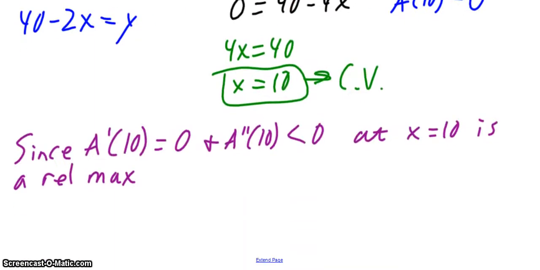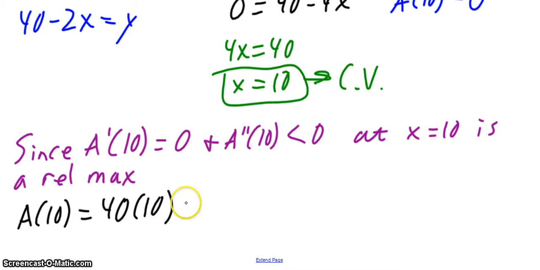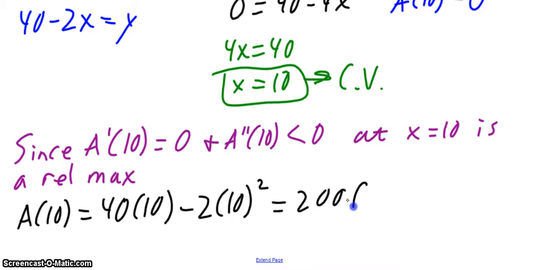A different way, we could have the same problem, but it could say what are the dimensions for the maximum area. But in this case it's saying what is the maximum area, so then I want to find what is A of 10, and I can do 40 times 10 minus 2 times 10 squared, which is 200 feet squared.